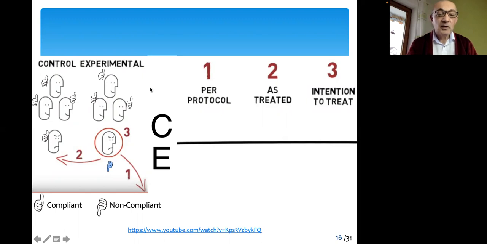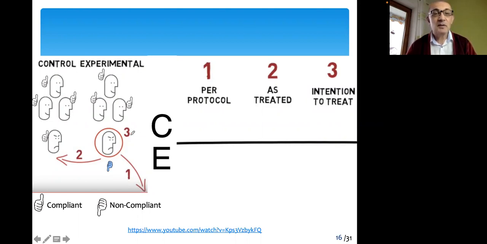If we decide to analyze, let's say this participant, he should be in the experimental group, take the experimental medication, but he decided not to take it. He took the control medication. So he is in the control, or he dropped out. He did not appear in the control.